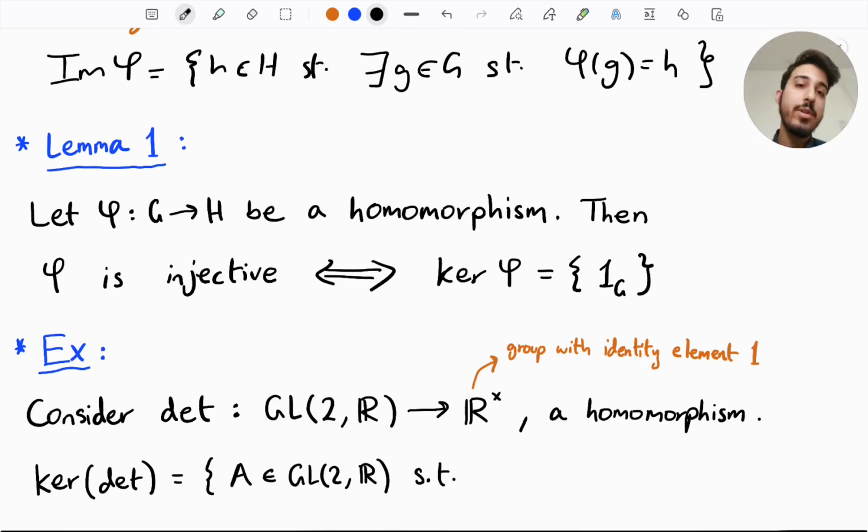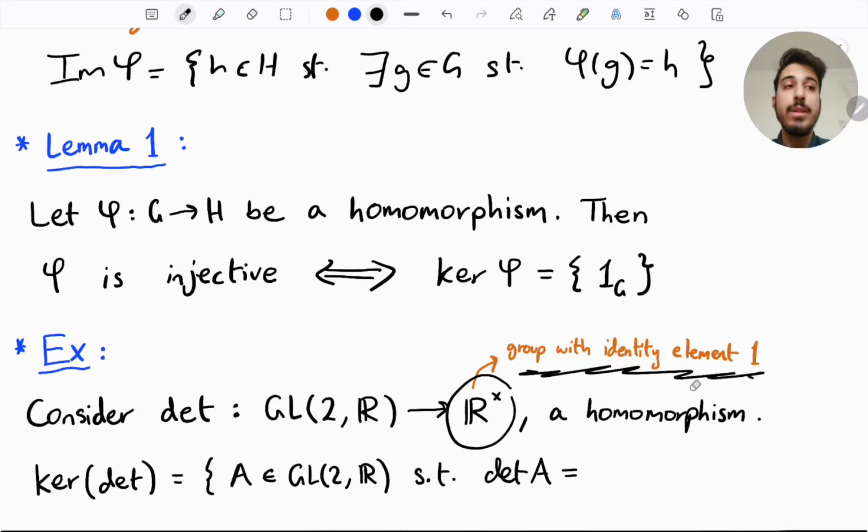Now, for the example, consider again the homomorphism, the determinant of the matrix. So the kernel of this determinant is the set of all the matrices such that the determinant gives you the identity element of the multiplicative group, which is 1.